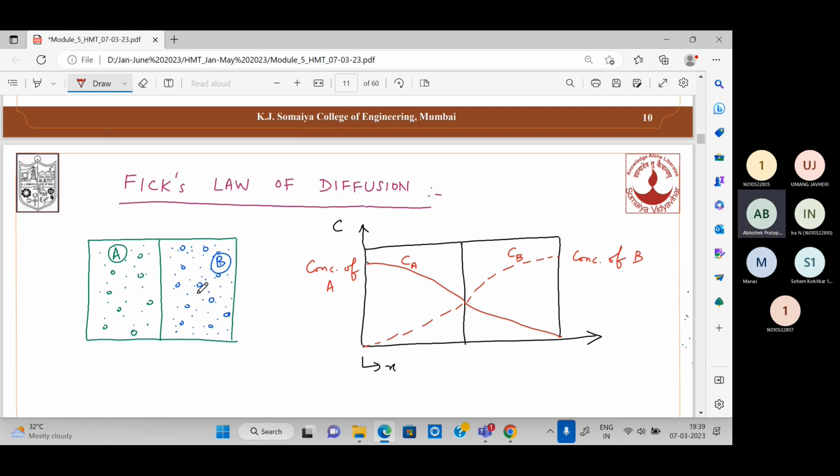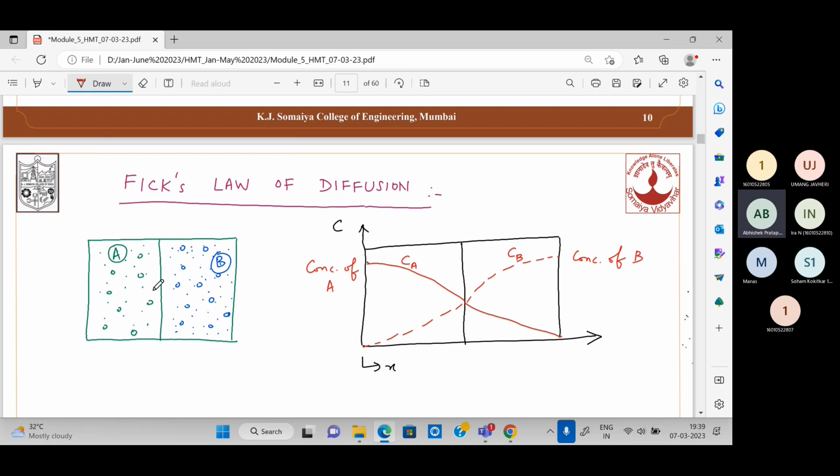A thin partition which separates the components is removed at an instant. So the two components diffuse through each other until they reach an equilibrium state, and the concentration of the components becomes uniform throughout. Very simple to understand.